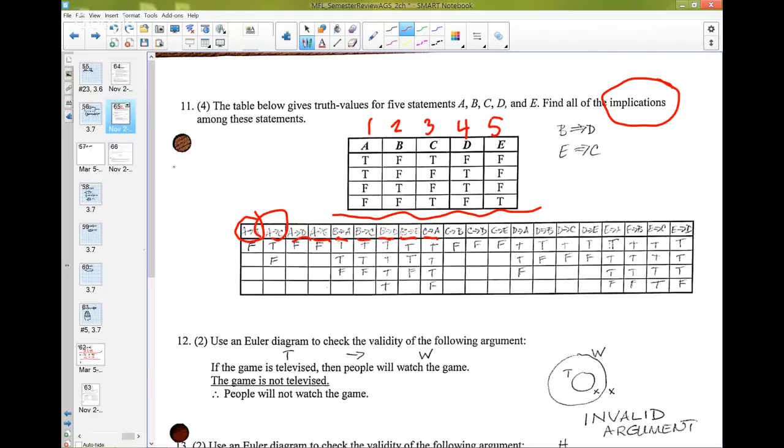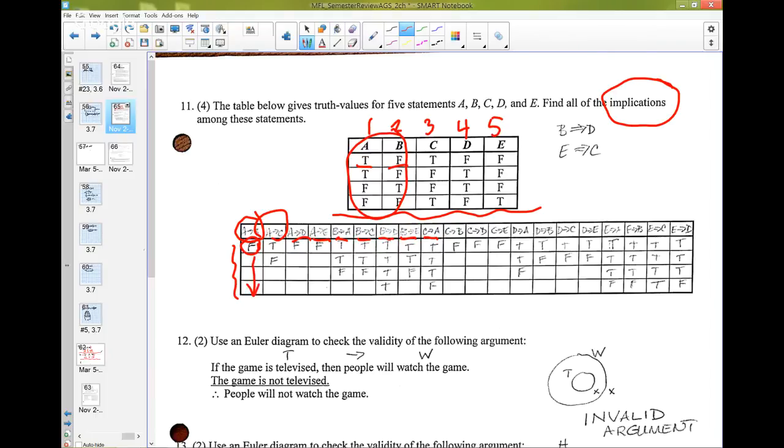And then you had to do the if-then truth table. So in this first one, if A then B. I'm looking up in the table: when is that false? Only when the first is true and the second is false. So do you see how I got a false right away?